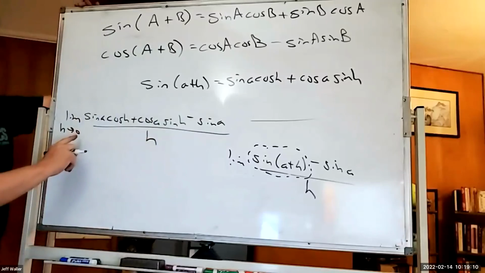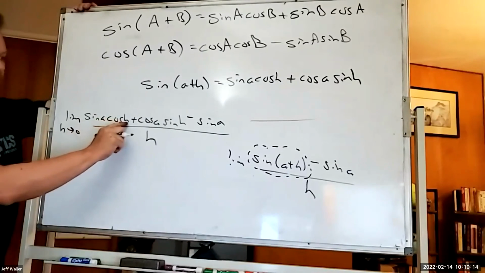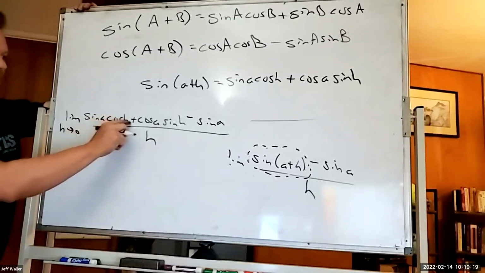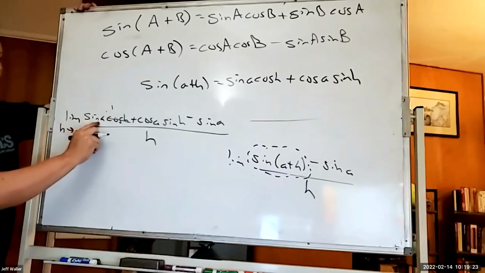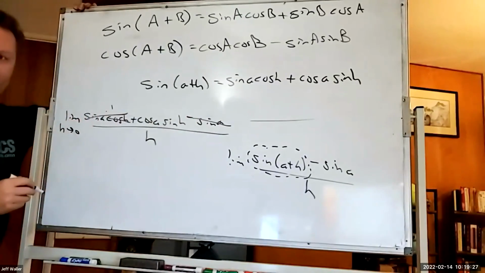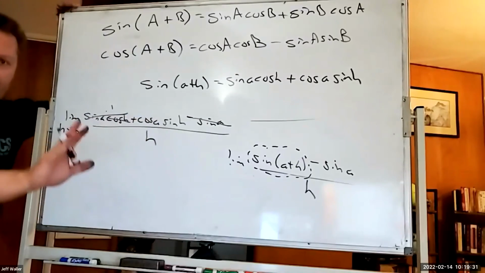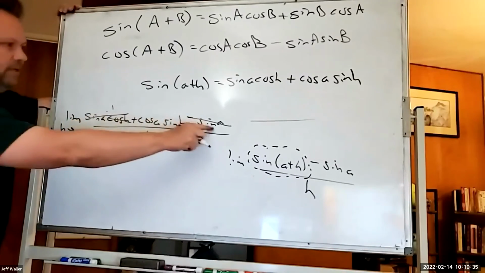Real quick. What do I get with cosine when I put a 0 in? What's cosine of 0? It's 1, right? So this is times 1. And what's sine A minus sine A? They cancel, yes? Is everybody cool so far? Cosine goes to 1. Sine A minus sine A is gone.